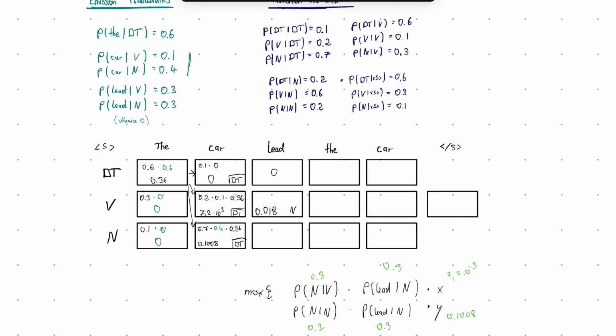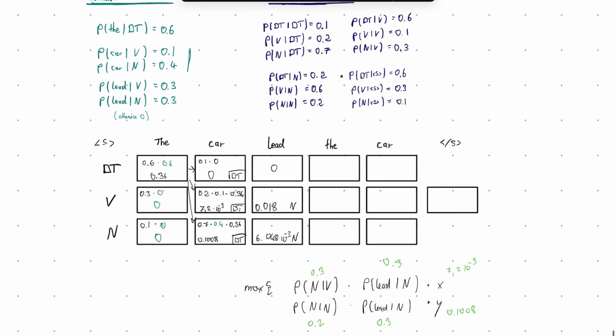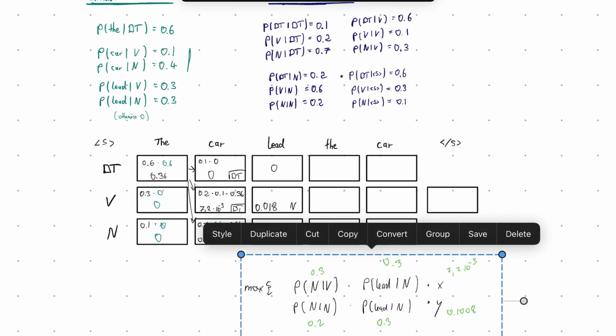When we calculate this, because of the upper term, the bottom one is the higher one. When we multiply this, we have to note that the bottom one is coming from noun. We end up at 6.048 times 10 to the power of minus 3. And yeah, we will continue now with the next one.